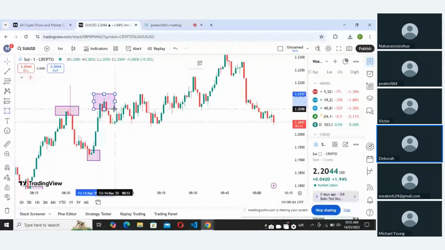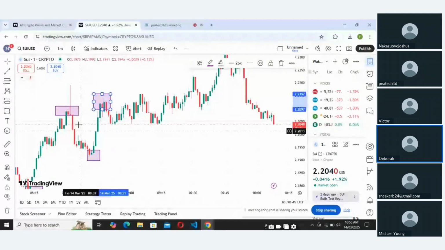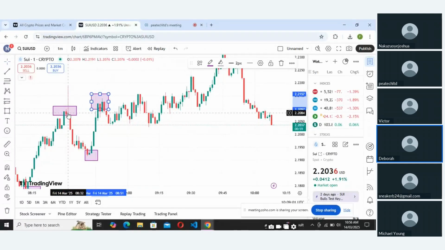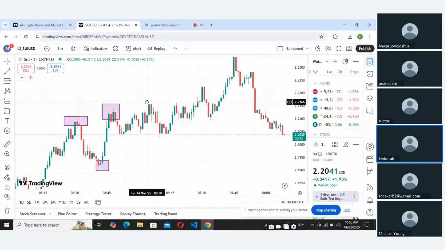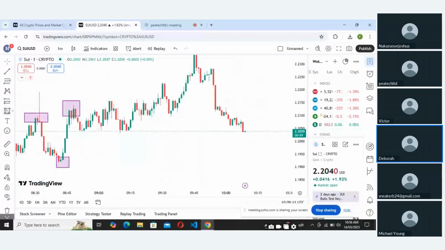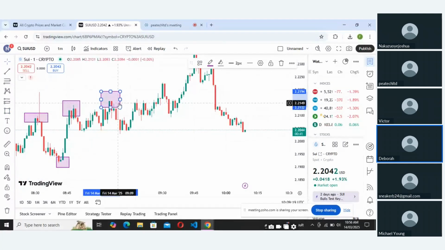Now where the upward trend started showing very clearly is from this area. When the market got to this rectangle, it came down and peaked again back to this point. So this point is my higher high because it's higher than the previous high. Now the market continued and hit another resistance here, a little bit higher than the previous high, so it's still a higher high.